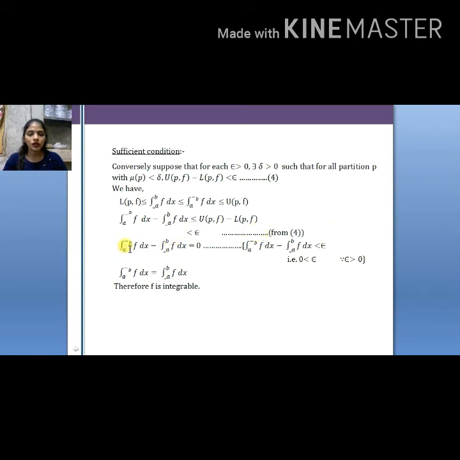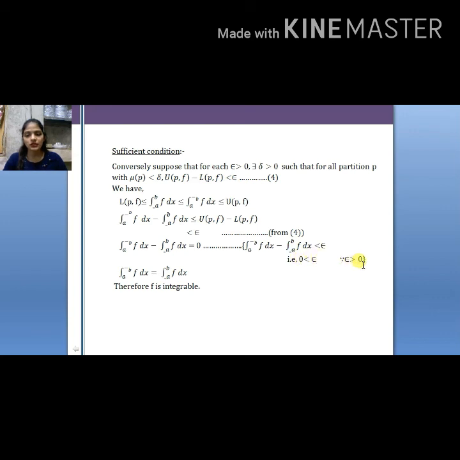Therefore, integration from a to b bar f dx minus integration from a bar to b f dx is equal to 0. How will this come? The integration from a bar to b bar f dx minus integration from a bar to b f dx is strictly less than epsilon, that is, 0 is strictly less than epsilon.